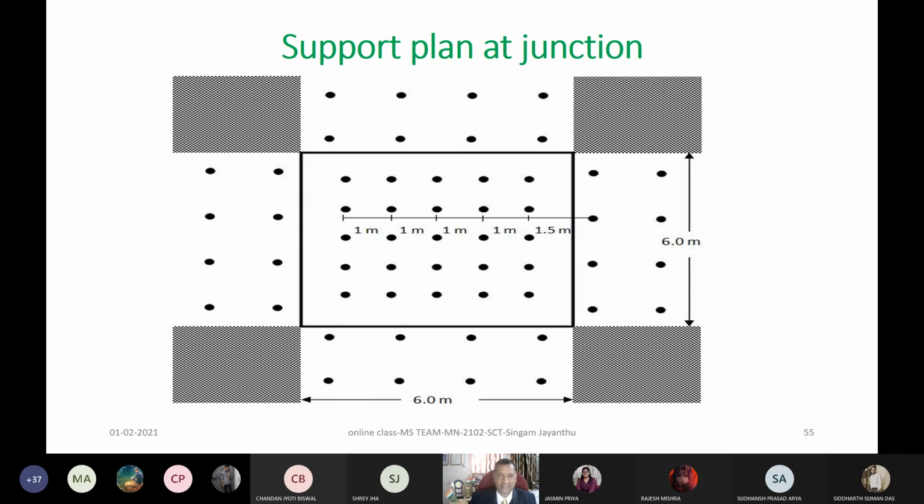Next, going further, now you must have understood what the support is, why this is made 1.5 meter here and why it is made 1 meter here. Let me tell you one more thing. When it has around 5 tons per square meter support resistance, and the load coming on it is around 2 tons per meter square, you may note down for additional information that you will be using rock mass rating or rock mass quality for designing this support.